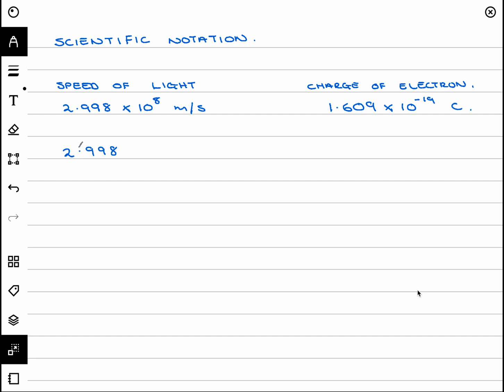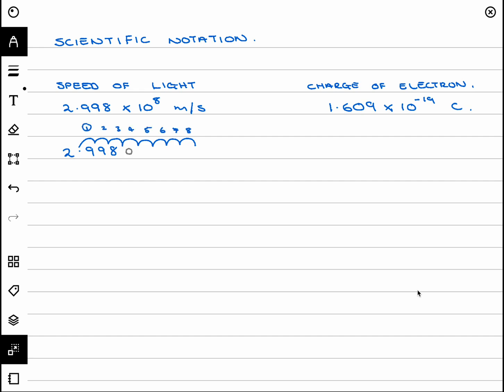I'm going to move that to the left 8 times. Okay, so I've moved it 5, 6, 7, 8. So if I count here, I've got 1, 2, 3, 4, 5, 6, 7, 8.